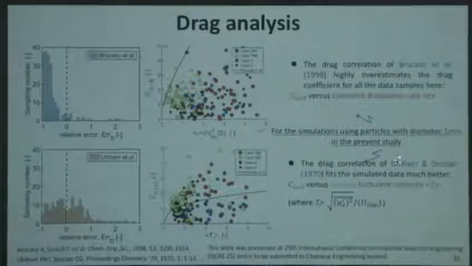And for the Ruhr and Sinclair model, there is better agreement. This depends on the particle diameter, but we think the Stokes number alone is not sufficient to correct all these drag laws.